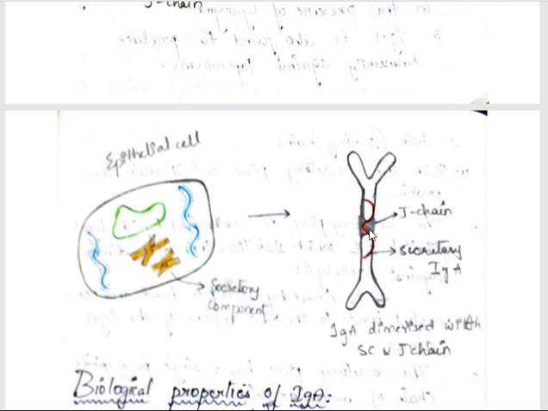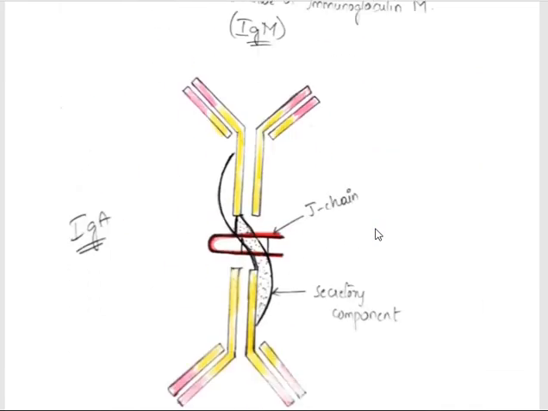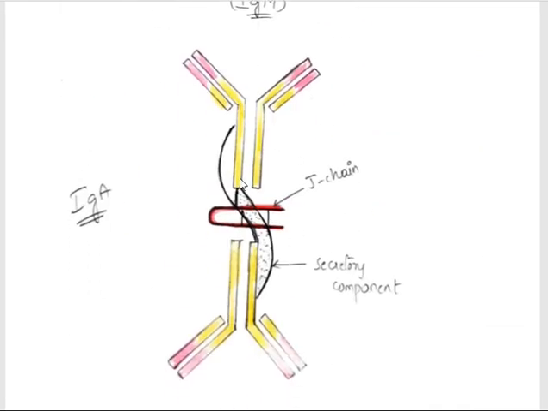The secretory piece is a single polypeptide chain of molecular weight nearly 70,000. That means this secretory component alone has how much molecular weight? 70,000. And the J chain, the link present between these two, is also a polypeptide chain of molecular weight 15,000. If you observe clearly, this is the secretory component, and here you can see the J chain.